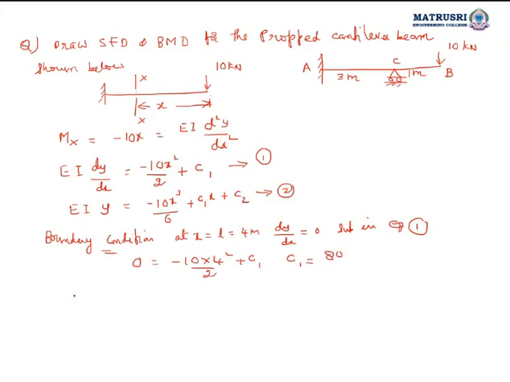And one more boundary condition. What is the other condition? Again at x is equal to 4 meter, y is equal to 0. Substitute in equation 2. If you substitute in equation 2, 0 is equal to minus 10 into 4 cube by 6 plus C1, C1 is 80, into 4 plus C2.